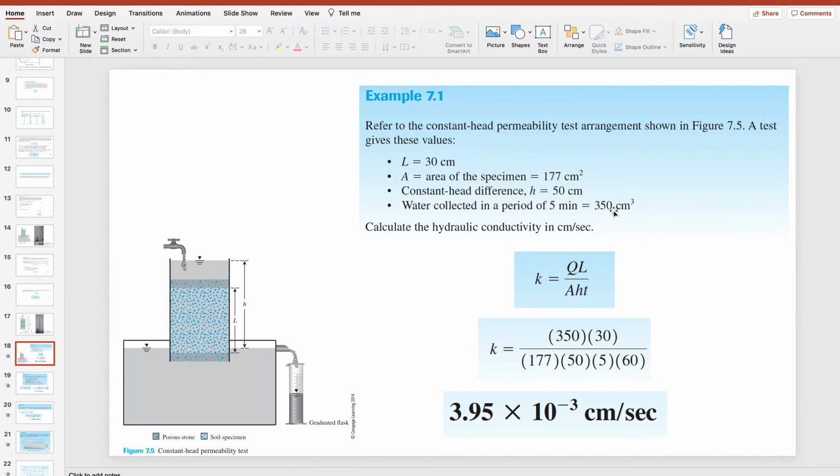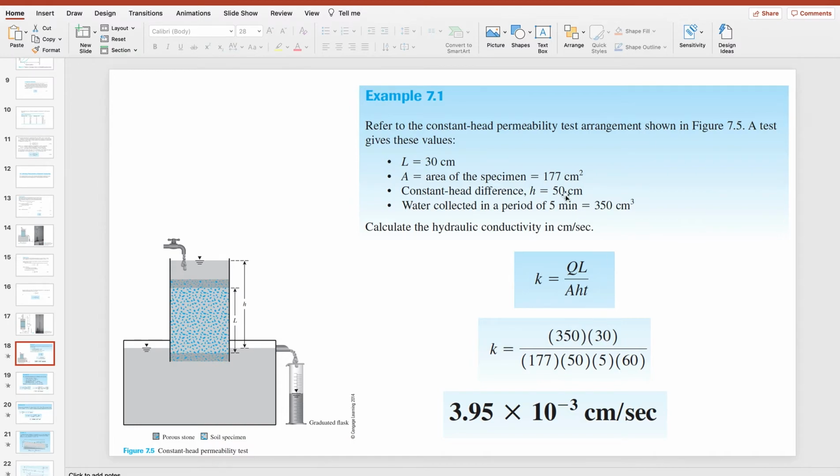So our Q would be 350 centimeter cube divided by 5 minutes. Here it is directly substituted, but let's simplify it. 350 divided by 5 is 70. So Q is 70 centimeter cube per minute times the length.